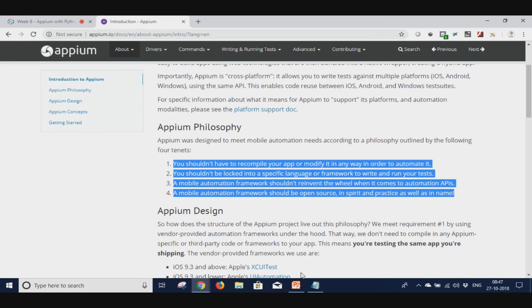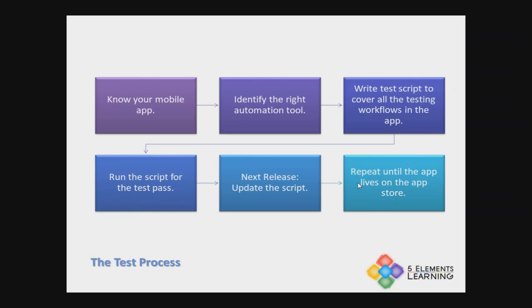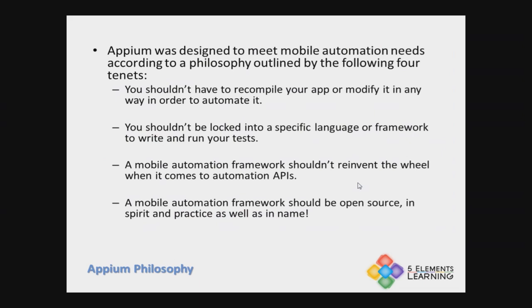Okay, so let's have a look at the Appium philosophy which we have just read. Appium was designed to meet mobile automation needs, and the philosophy is outlined by four major tenets. You should not have to recompile your application or modify it in any way in order to automate it.